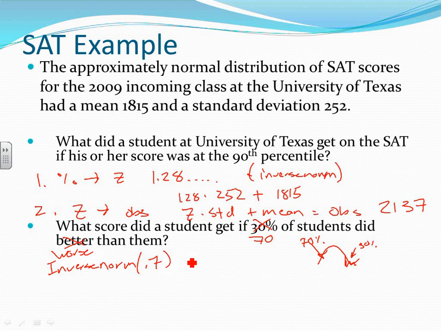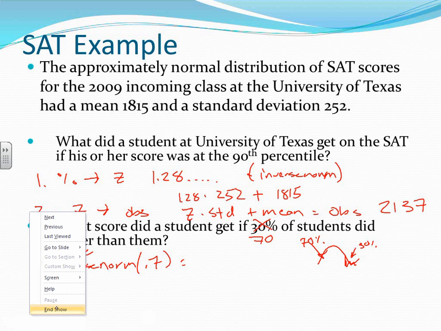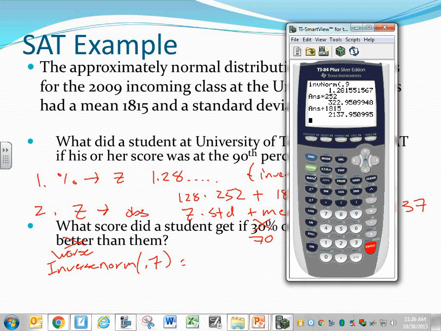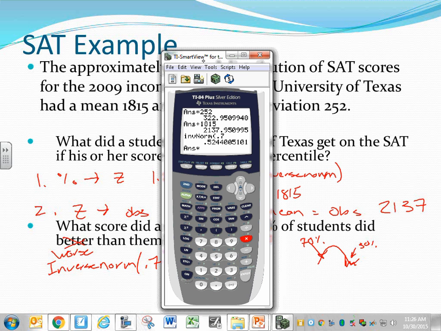We do inverse norm, we get a decimal that is around 0.52. Now the best thing for you to do is to leave that decimal in there. So second entry, inverse norm 0.7. Leave that in there, okay? Immediately, you're going to take that value and multiply it by your standard deviation, 252.